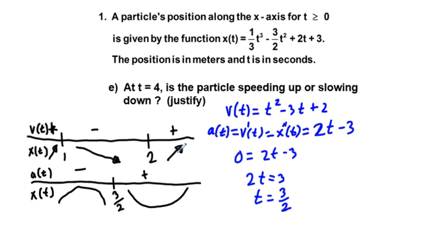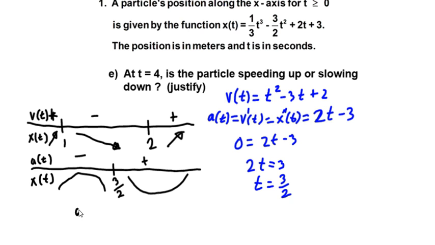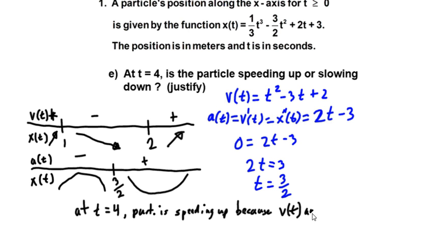And so at t equals 4, the particle is speeding up, because v of t and a of t are both positive.